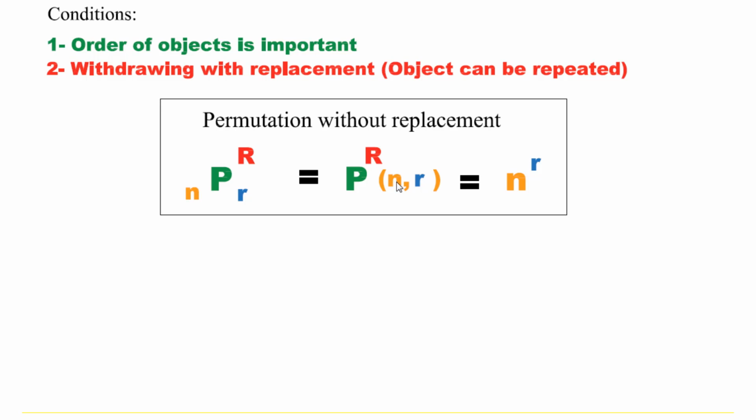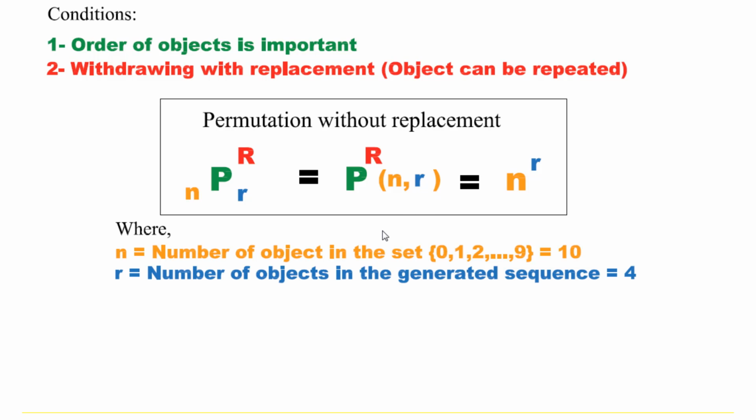For n objects taken r at a time, n is the number of objects in the set. So we have 10 balls numbered from 0 to 9, and their total number is 10, and r is the number of objects in the generated sequence. So how many digits do we have? We have 4.